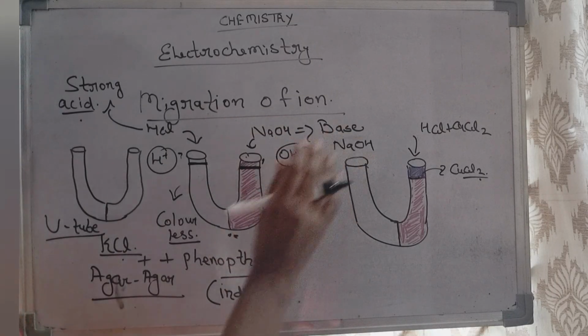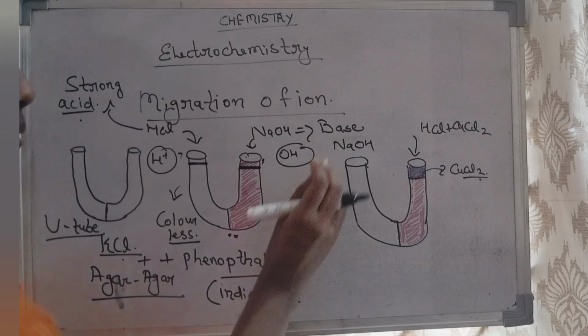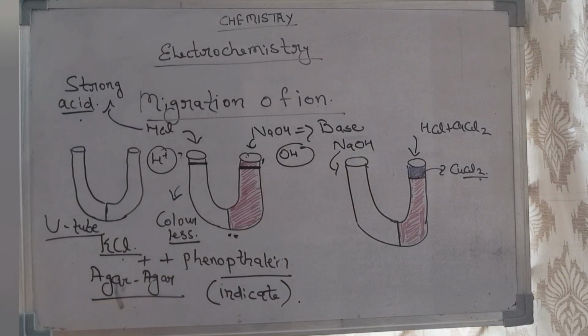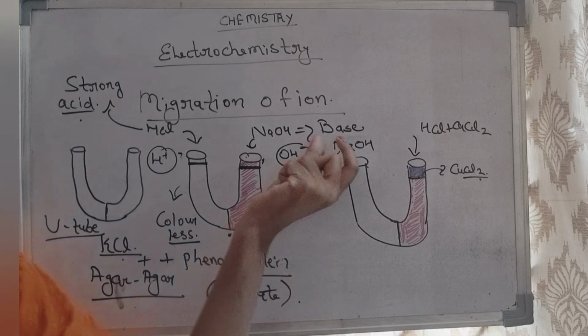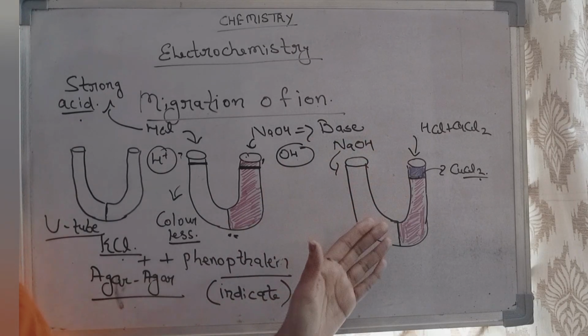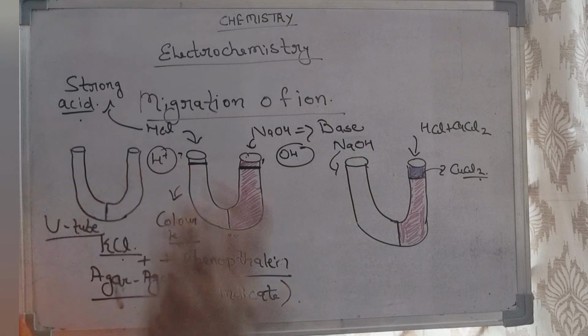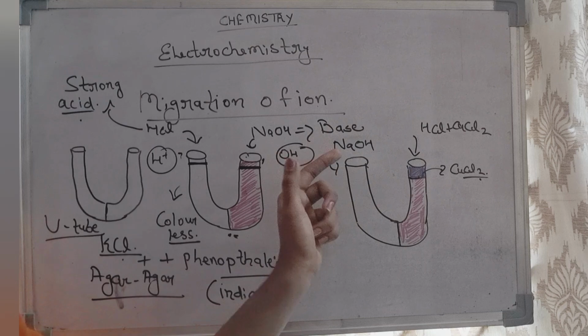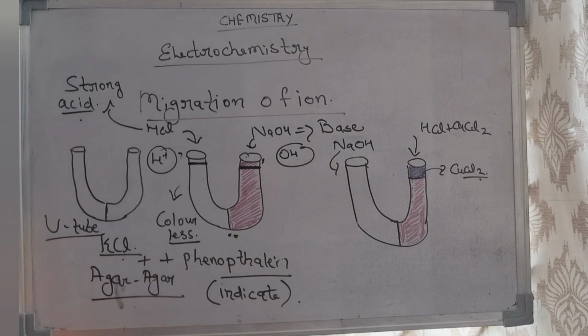Now we have to pour NaOH, which is your strong base. When you pour NaOH, what will happen? One thing you have to remember is that this particular side and this side have a higher quantity of HCl or NaOH. So when you pour HCl and NaOH vice versa, it doesn't give you the result as soon as you are thinking.